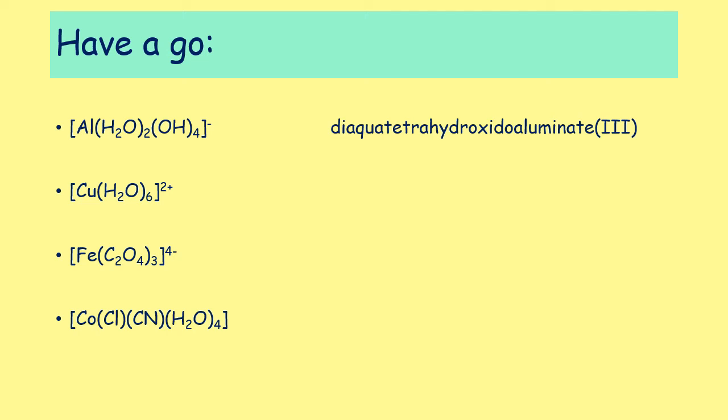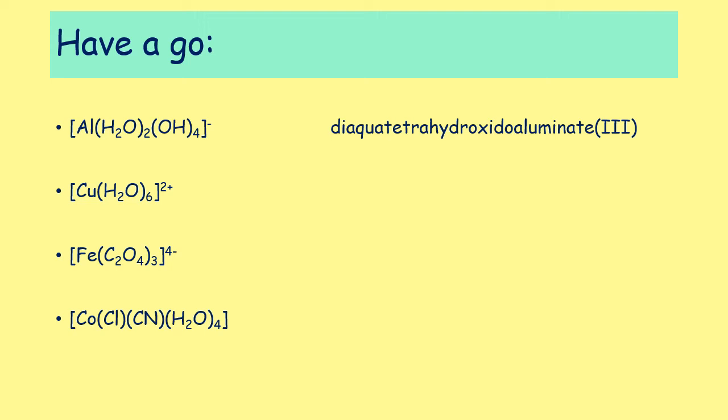It's negatively charged, so it's aluminate, and it's aluminate(III) because the overall complex has a charge of -1. Water has no charge whatsoever, so we can ignore it whenever we're doing our calculations. Hydroxide has a charge of -1, so aluminium -4 equals -1, so aluminium must be 3.